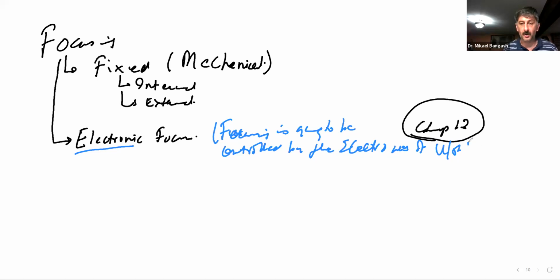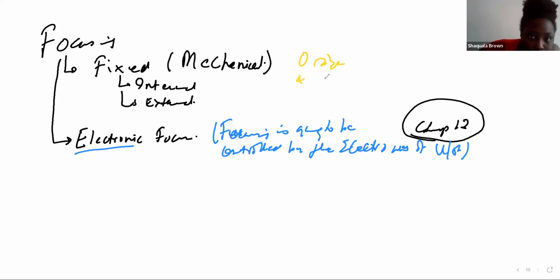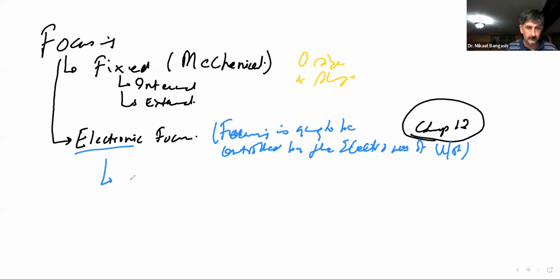Clear? So it's not only going to be the size and shape of the PCT that will determine the focusing, but rather the electronics of the system. Now, the thing about electronic focusing is that it can be changed.